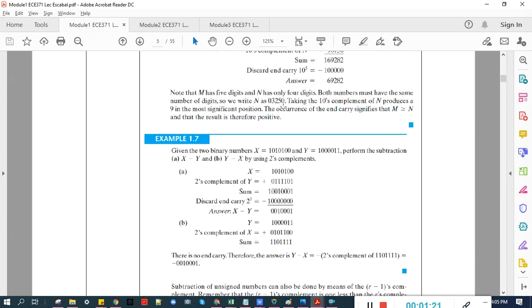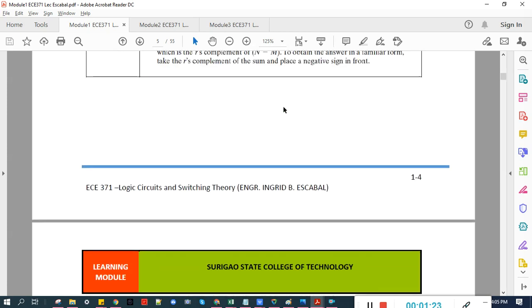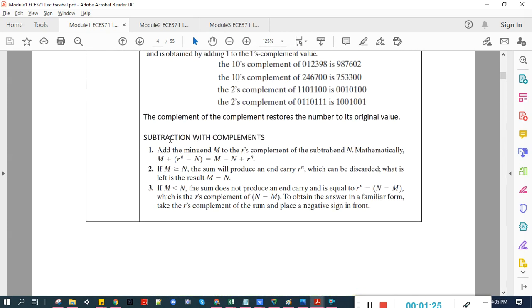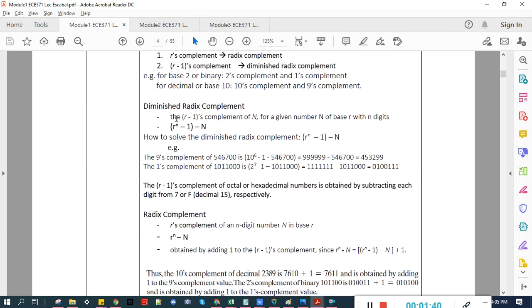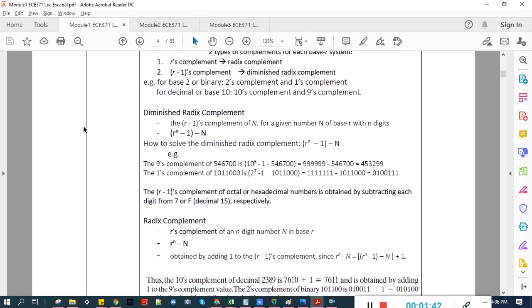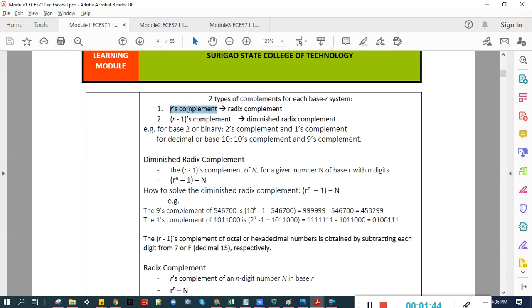Recall what this 2's complement means. How do we evaluate the 2's complement? 2's complement in general form is equivalent to the r's complement, not the diminished radix complement.